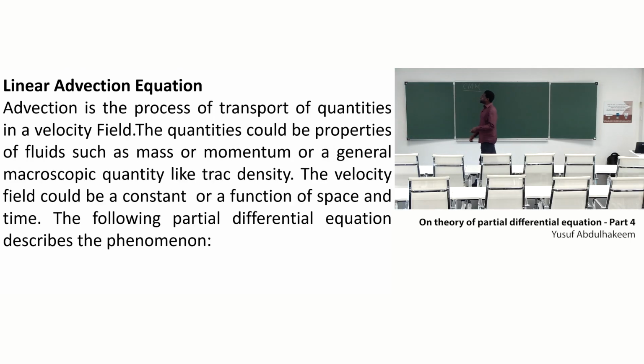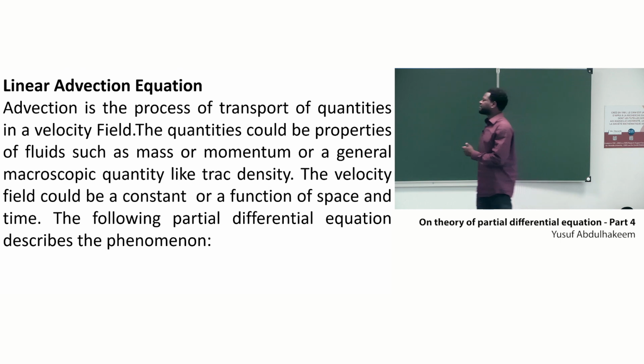So let's move forward to the linear advection equation. Advection is the process of transport of quantities in a velocity field. When we talk of advection, two things are involved: the quantity that will be advected, and the fluid in which the quantity is going to be advected.